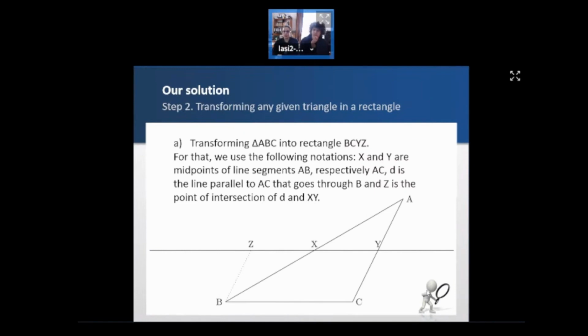X and Y are midpoints of line segments AB, respectively AC, and D is the line parallel to AC that goes through B, and Z is the point of intersection of D and XY. And the figure that we added in this slide basically represents how we can make a parallelogram out of the triangle.